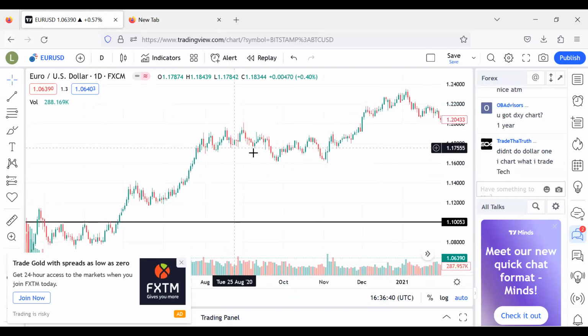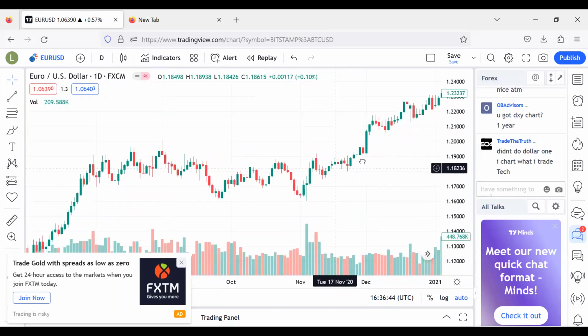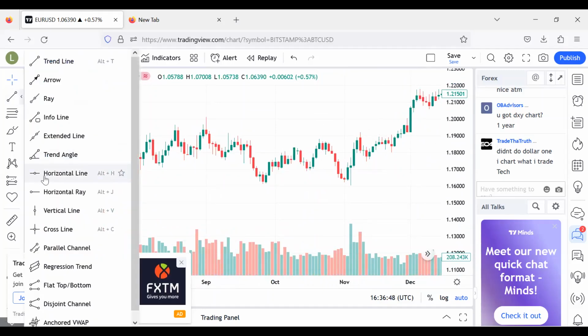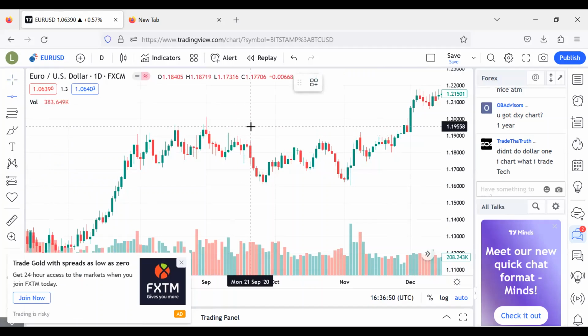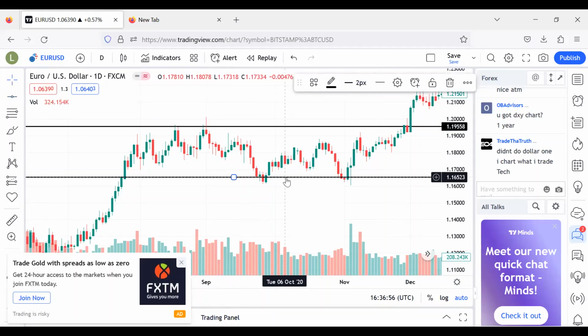Now, this is an example of a consolidating market. It's not going up, it's not going down. You see what is happening here right now. This market is just between this place. It's just going sideways, on a straight line. So this is a consolidating market.